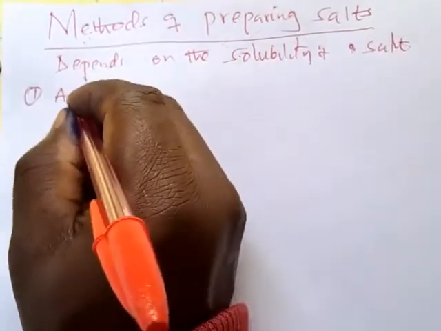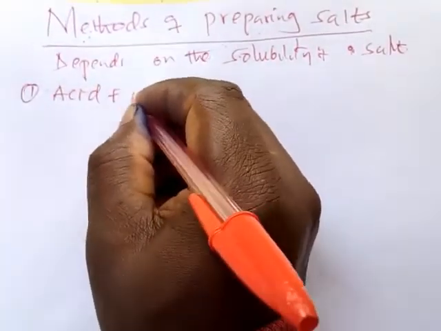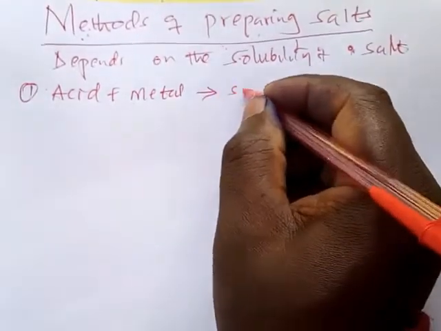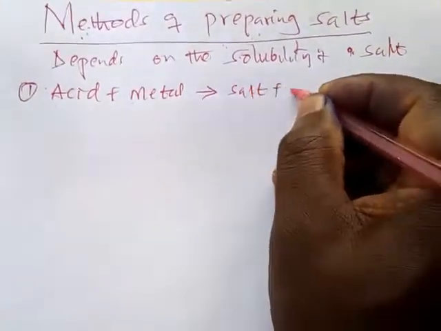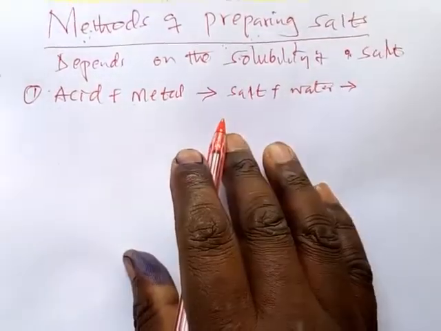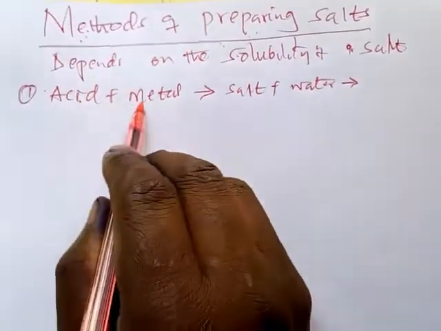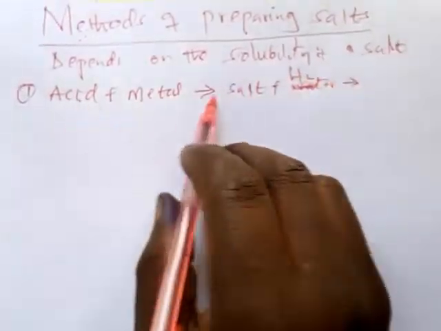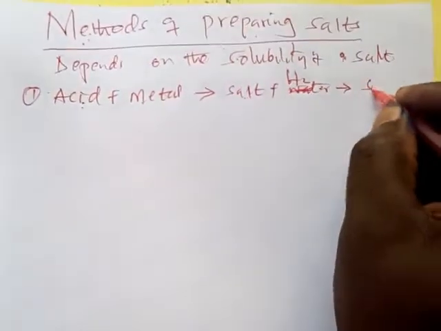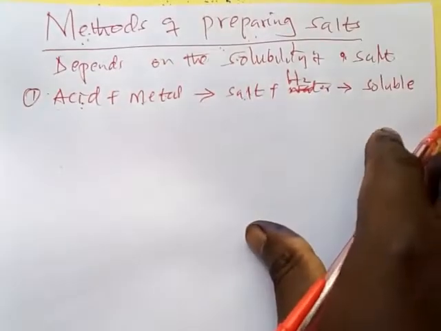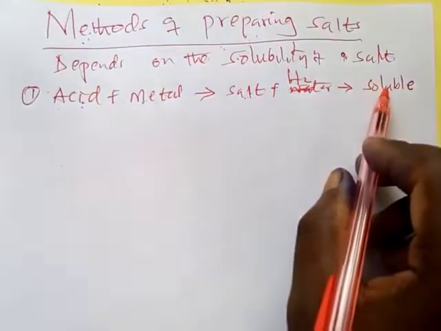We have acid plus metal, which gives salt plus hydrogen gas. This one is used to prepare soluble salts. If a salt is soluble, then this method can prepare it.